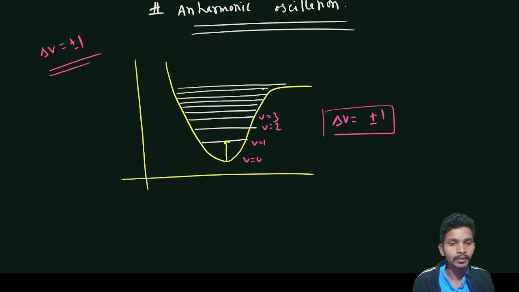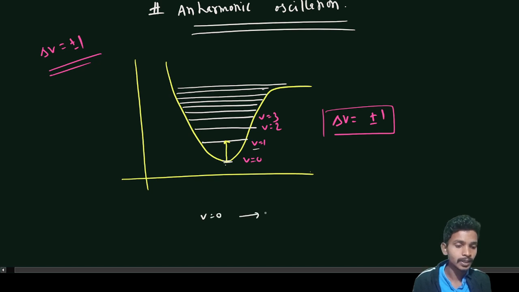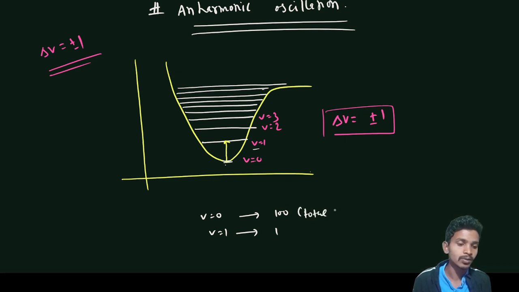Now, like we have discussed for rotational spectroscopy, the maximum population will be at v equal to 0, because this is the low energy level. Let's say 100 molecules are there in v0. Whenever v equal to 1, we get only 1 molecule.